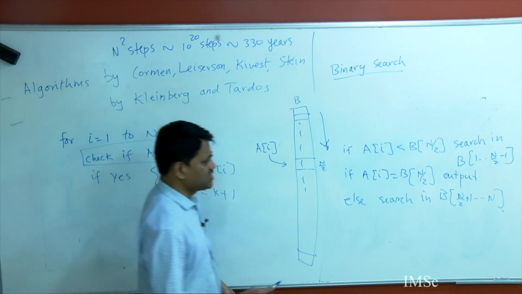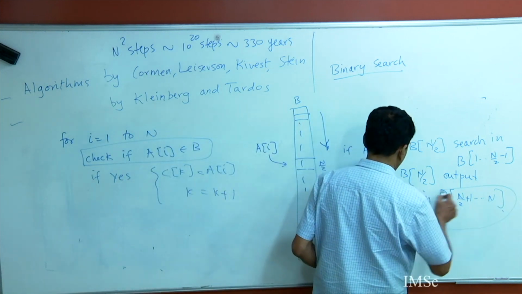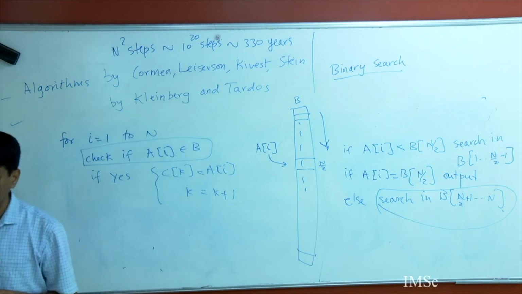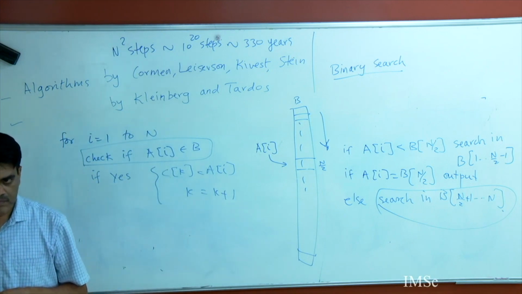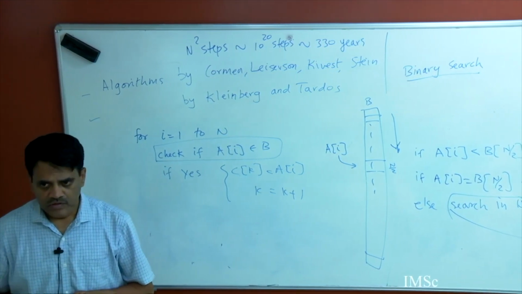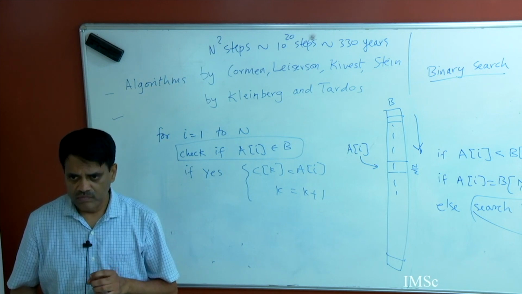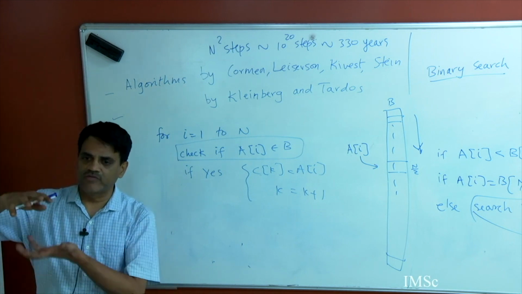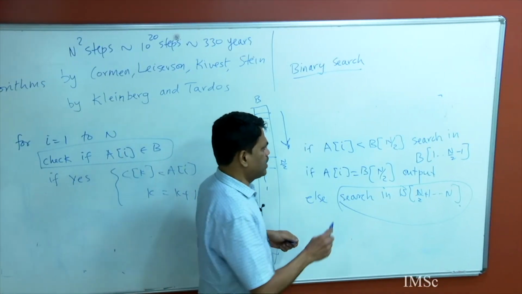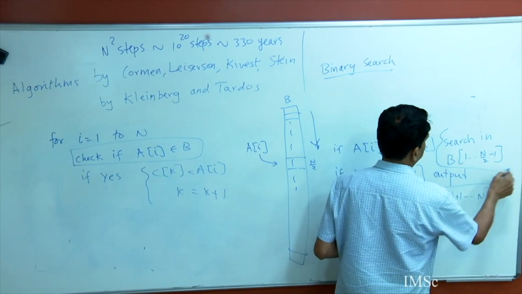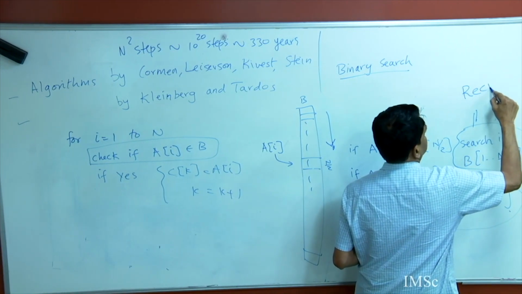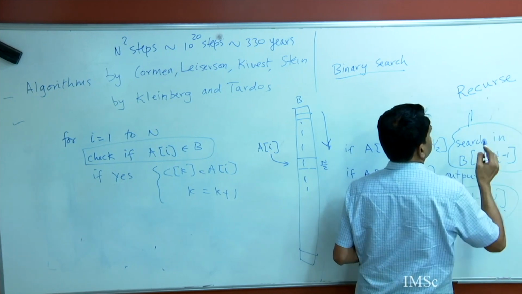So this search in, how do I search in that array? The middle element of that array, right? So this is basically apply the same algorithm, and there is a word for it which is very useful. It's called recurse, right?